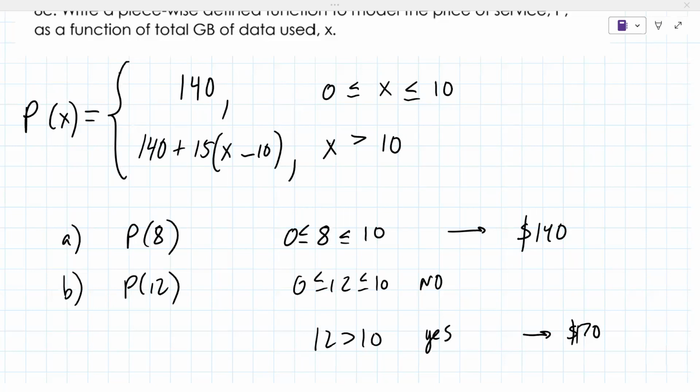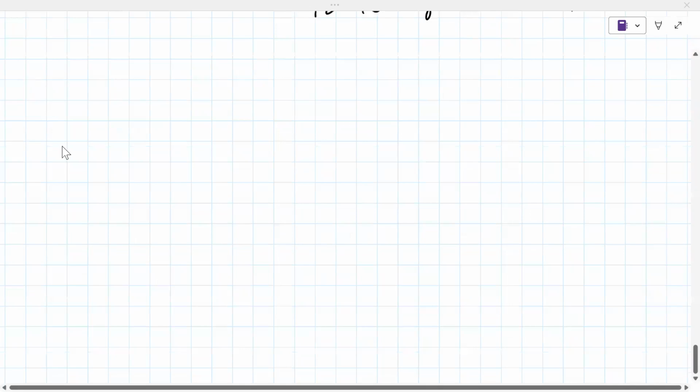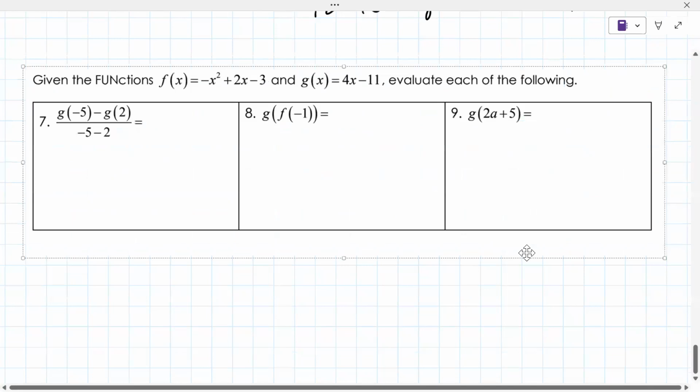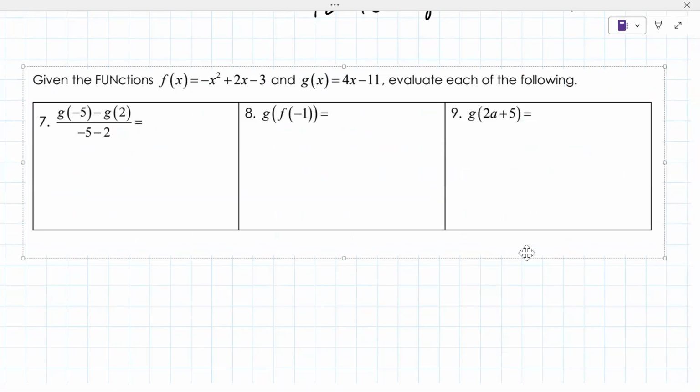All right, so I do have a question on this. We're going back to it. These are all good to do, but let's do the middle one first.